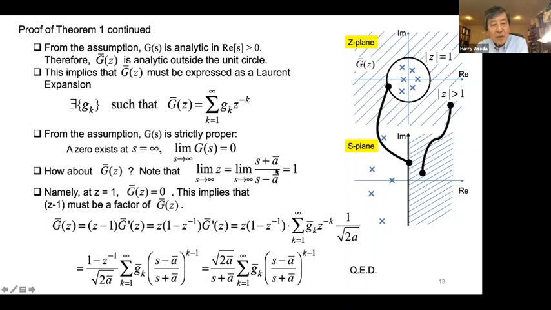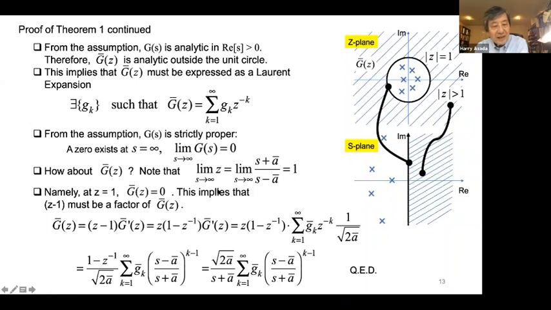So what this says is that G S has a zero at S equals infinity. That means that G bar must have a zero at Z equals 1. Namely, at Z equals 1, G bar Z equals 0.